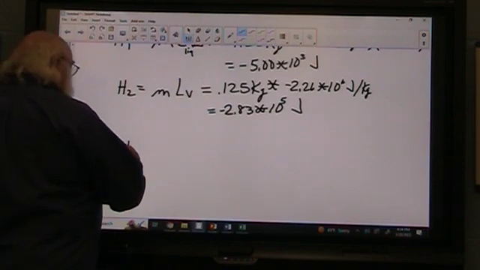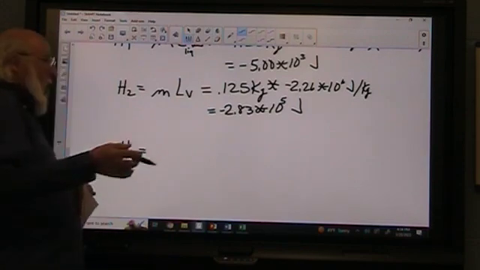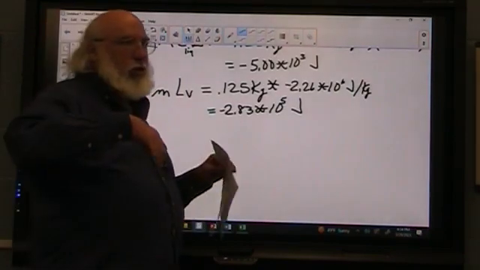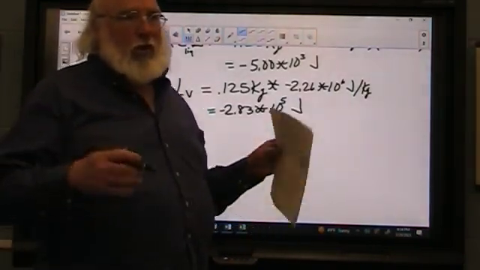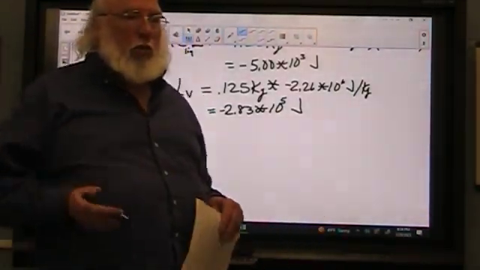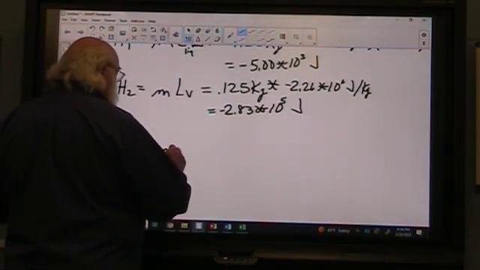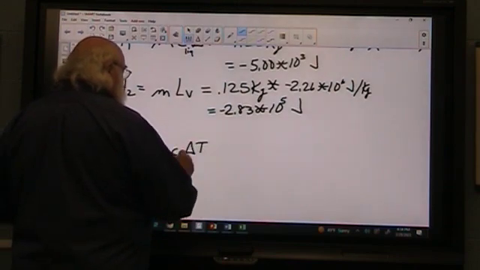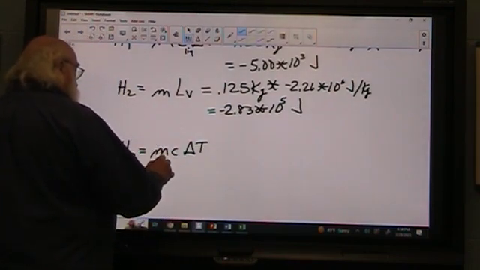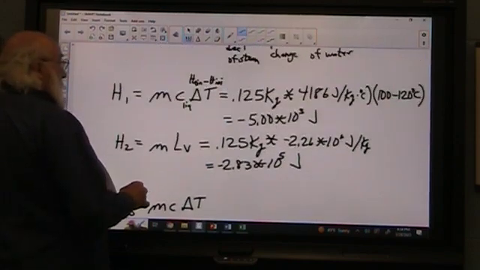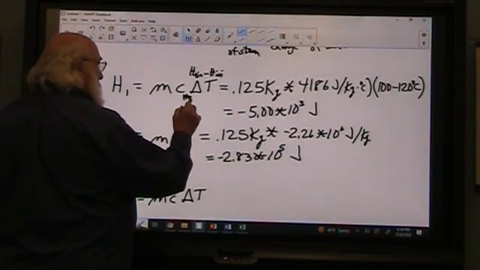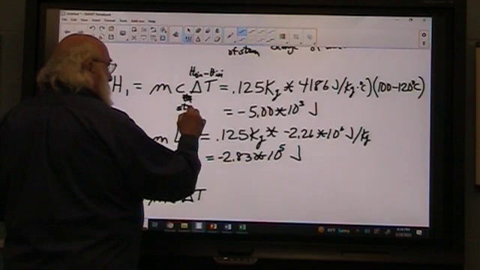Then the third change is, again, the drop in temperature. Now that we've changed steam over to liquid water, the water then begins to cool off. So we use the MC delta T again. Only now, this is the heat capacity of liquid water. This actually was steam, wasn't it? That's incorrect. So that's steam right there.